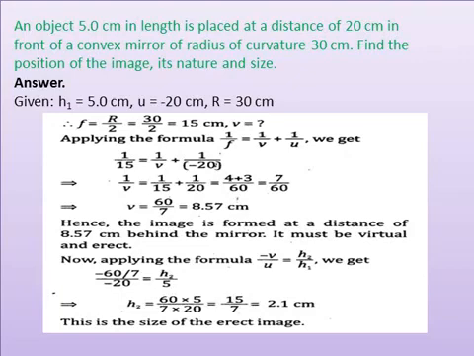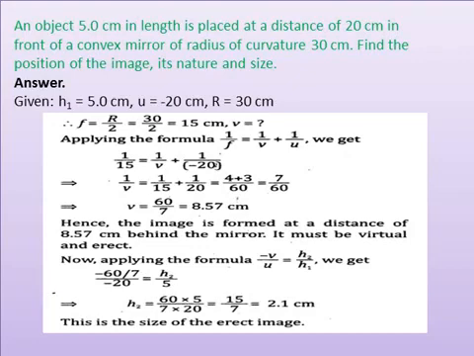But you will write U is equal to minus 20 centimeter. Why? The object is always kept on the left side of the pole. Whether it is a concave mirror or convex mirror, objects are always kept on the left. Therefore, blindly the sign of U can be taken as negative. Right? So, U is equal to minus 20 centimeter.